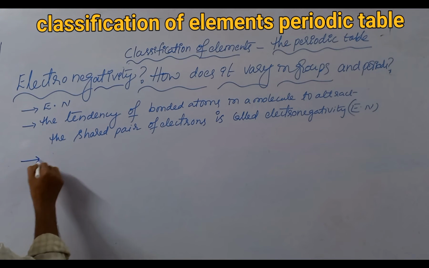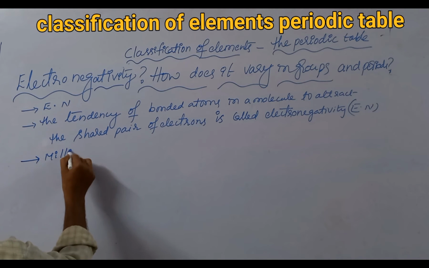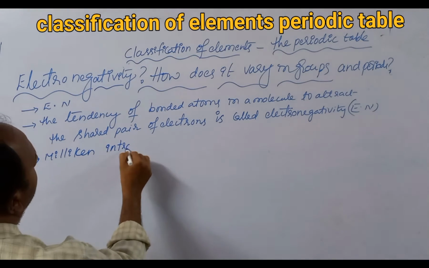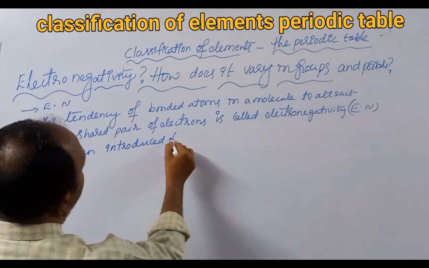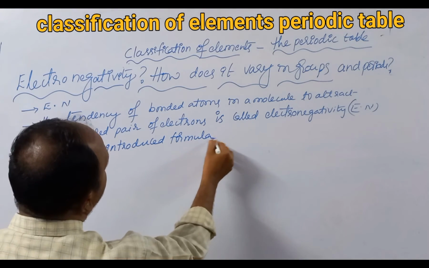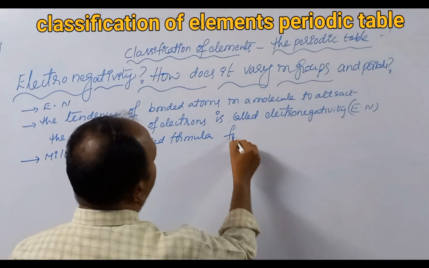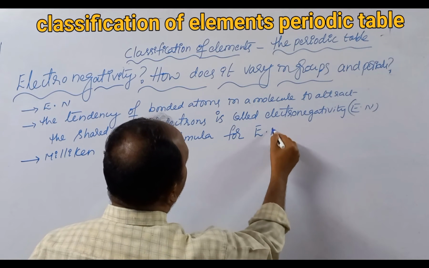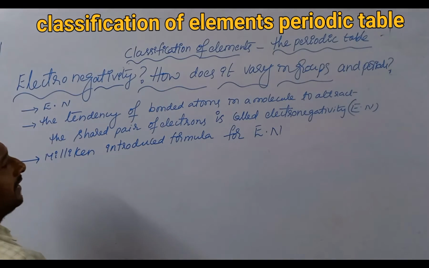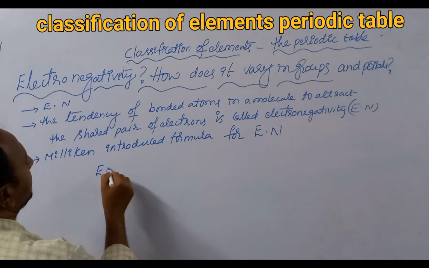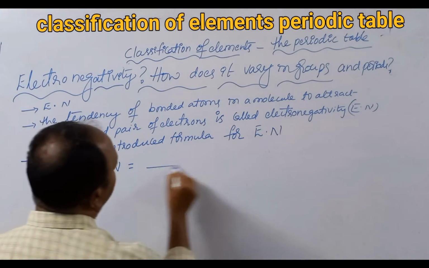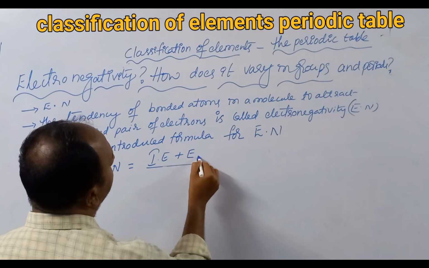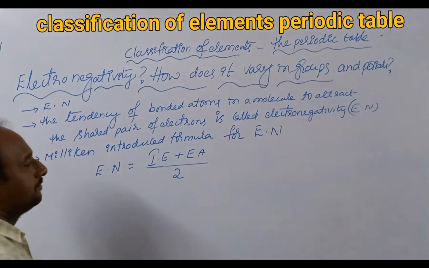Millikan introduced a formula to calculate the electronegativity of an element. The electronegativity of the element is given by the sum of ionization energy and electron affinity divided by 2.